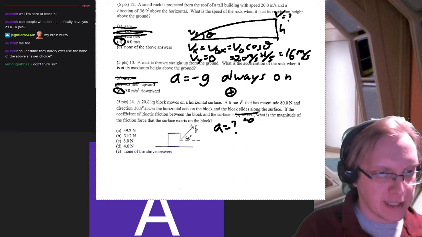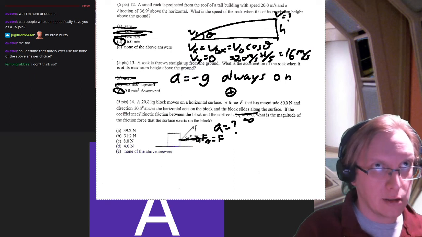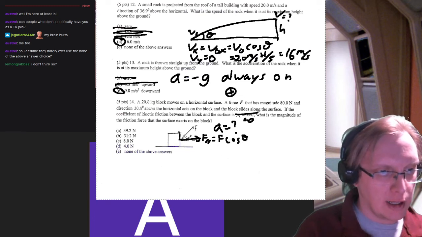So we have the force F going upwards. I need to know this bit going here, parallel. So this is my F. If this was 0, I would have the full thing. 30 with the 1, therefore this is the cosine. We have a force going upwards.